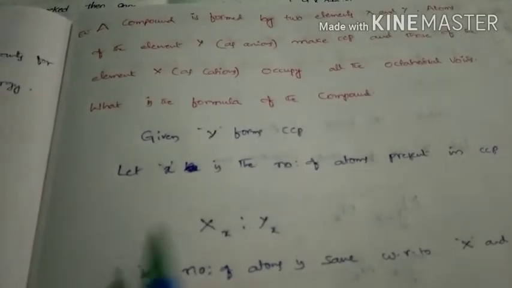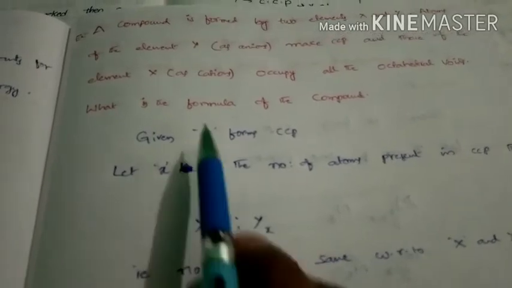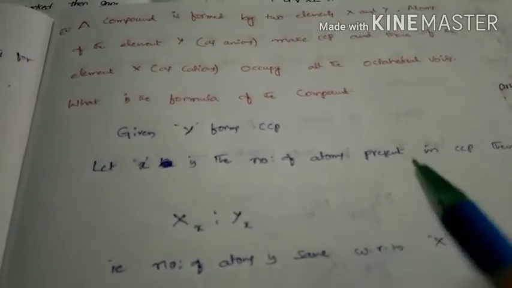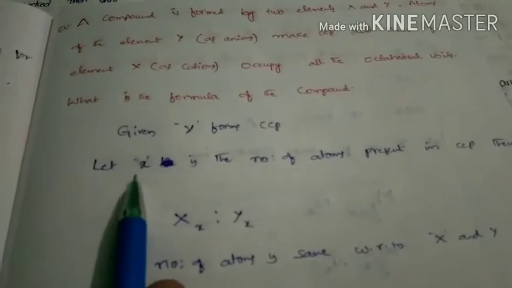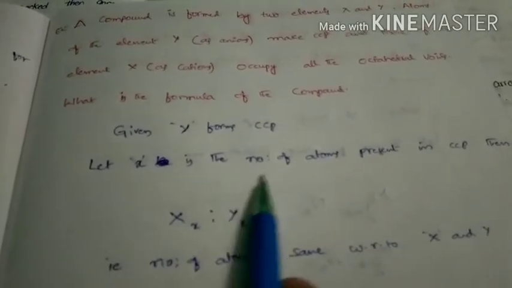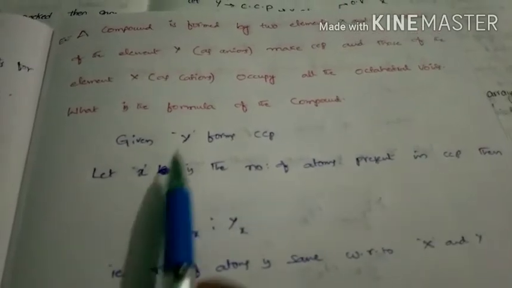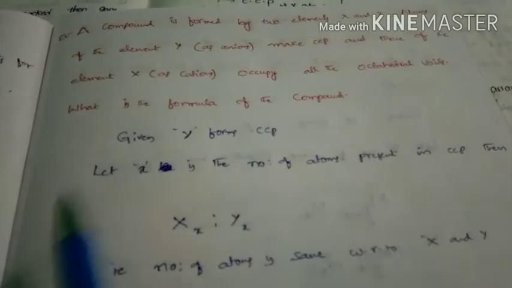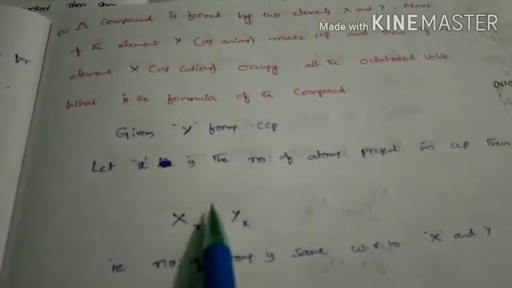That is the question. Given Y forms CCP, in this type of problems we write every time, let x be the number of atoms present in CCP, because we don't know how many atoms are present in CCP. Then the number of atoms is always equal to the number of octahedral voids, as we discussed just now.